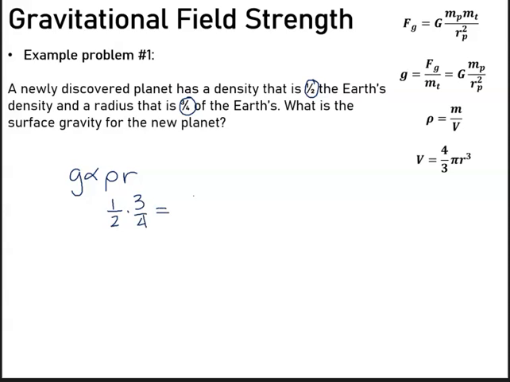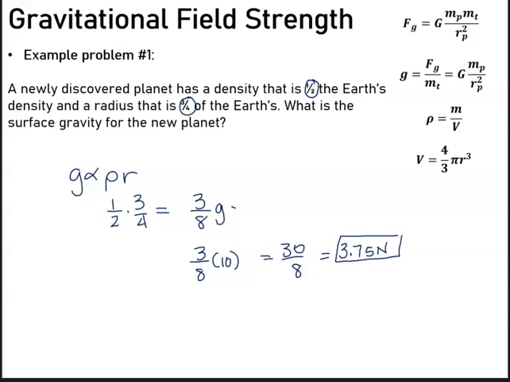And so that's going to give me 3/8 of the Earth's surface gravity. So 3/8 times 10 is going to be 30 divided by 8, which is equal to 3.75 newtons. So go ahead and try the problems.